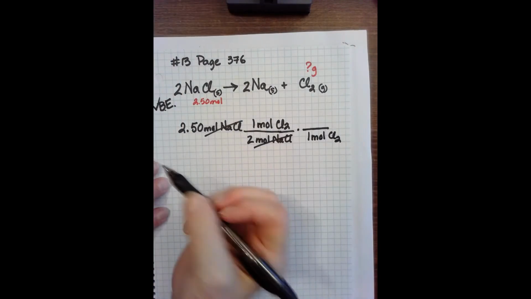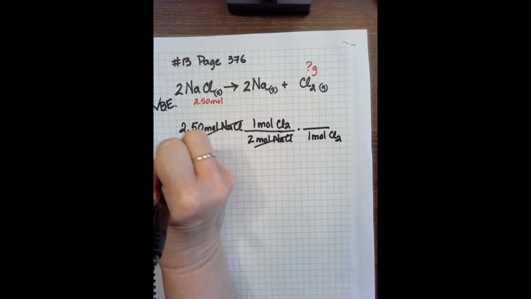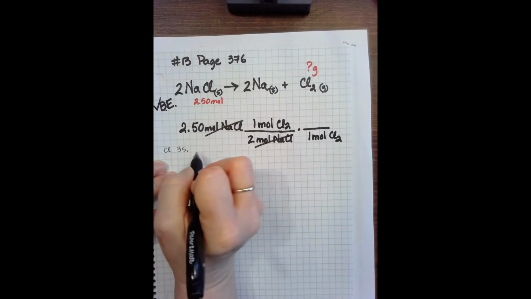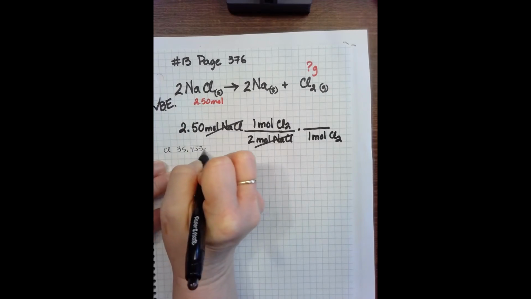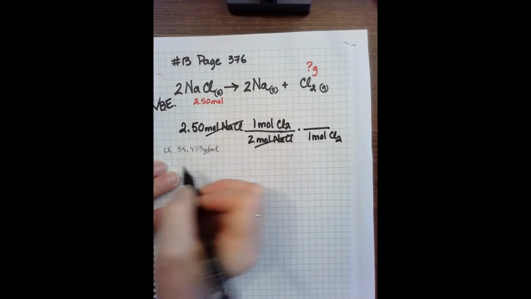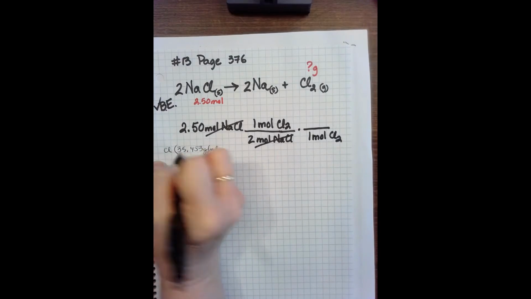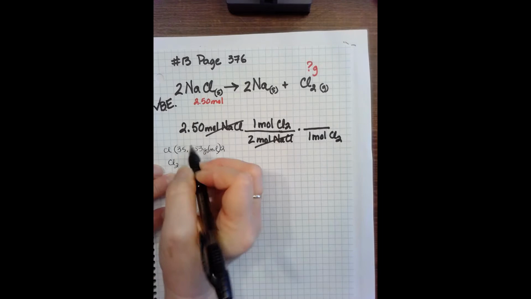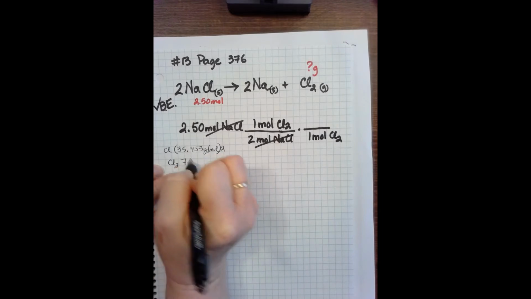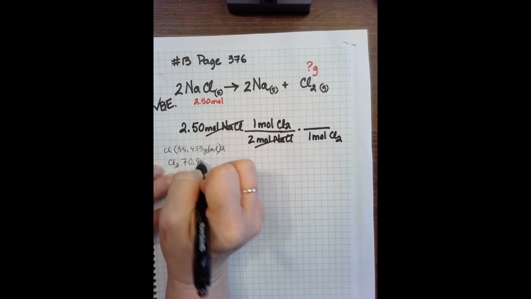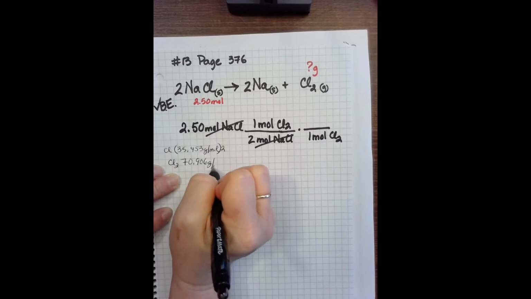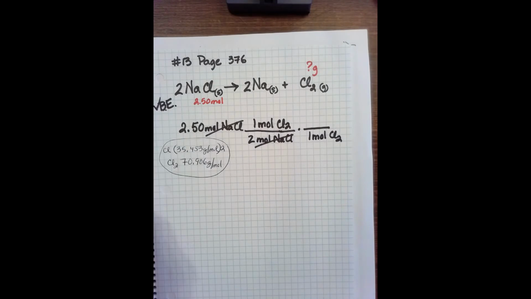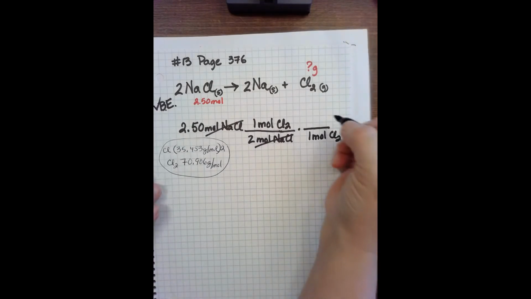If I look it up on the periodic table, chlorine has a mass of 35.453 grams per mole, and it's Cl2, so I'm going to multiply that by 2. So Cl2 has a molar mass of 70.906 grams per mole. Remember, that's what we did in our last chapter. So that's just a piece of information that I need to go up here.